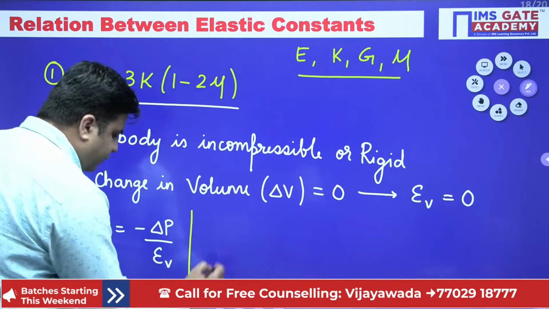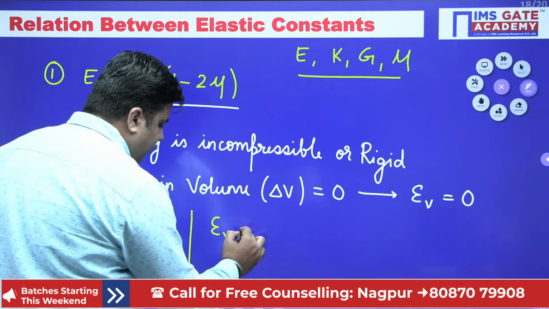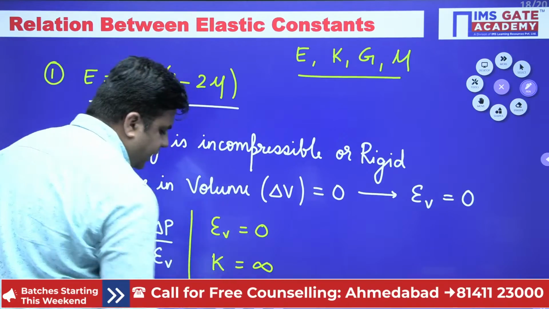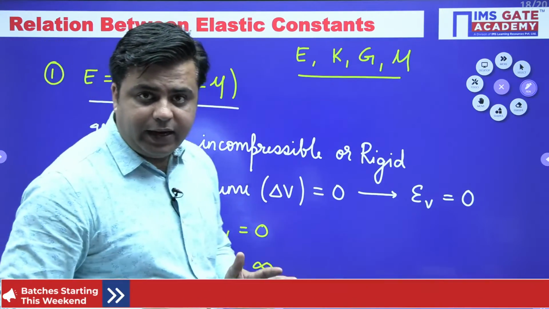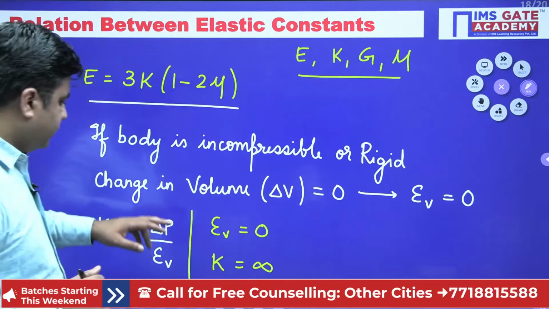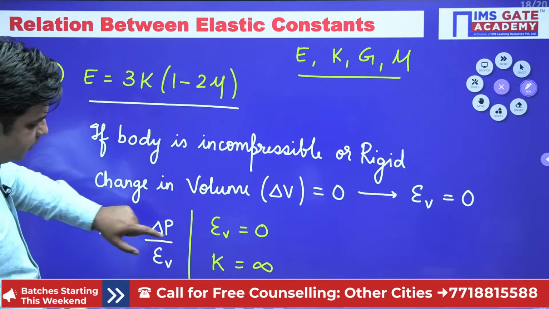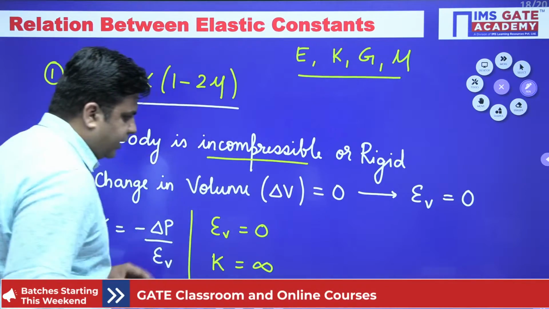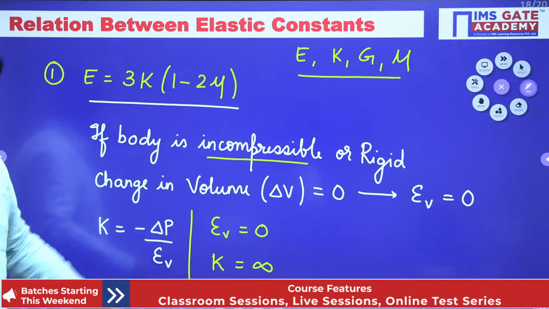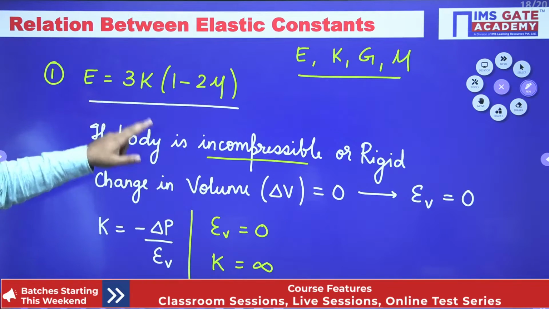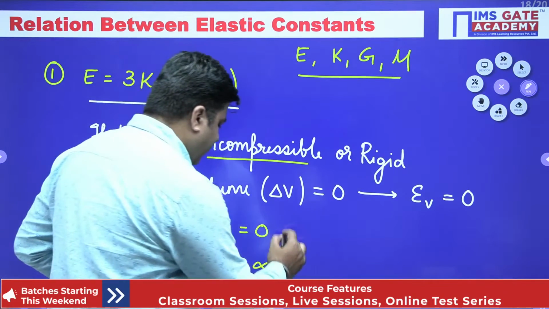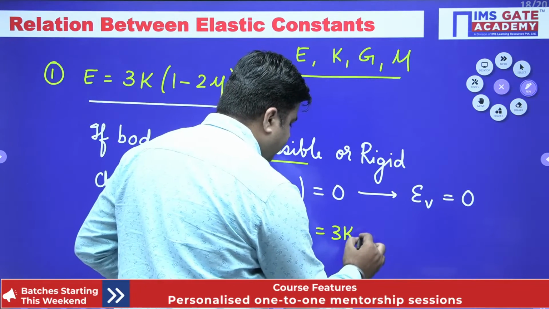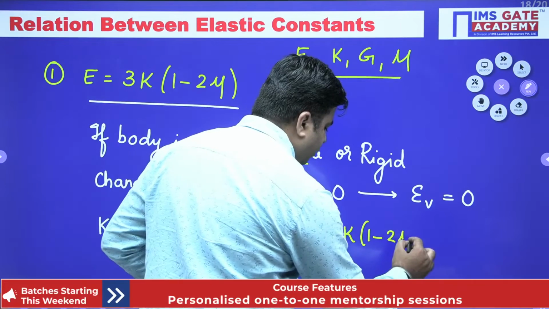So if epsilon V is zero, it means K is approaching infinity, that is very high, right? Just consider the incompressible body. For an incompressible body, the value of K is approaching infinity. Use this relation here: E is equal to 3K into 1 minus 2 mu.